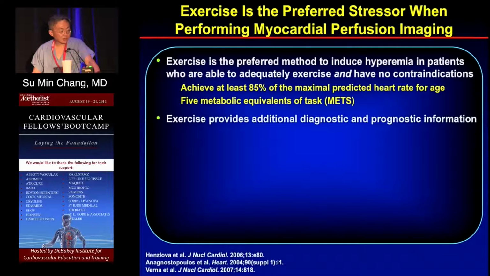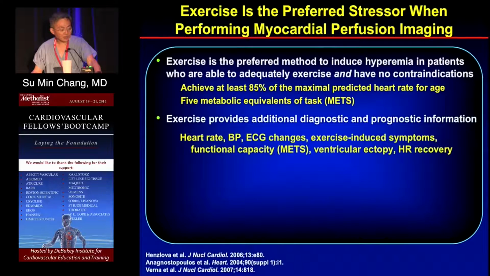And you want to at least achieve 85% of maximum predicted heart rate and at least achieve 5 METs, okay? A study has shown that if you exercise to a level less than 5 METs, even if you have a normal stress test, the prognosis is not as benign as those patients who can exercise over 5 METs.